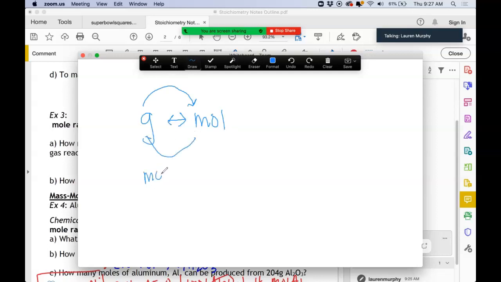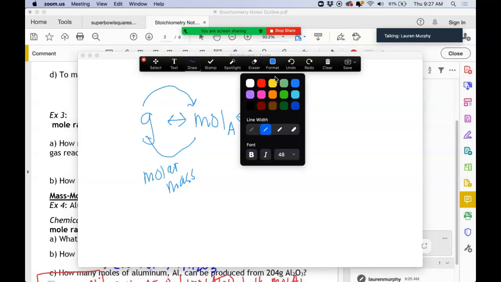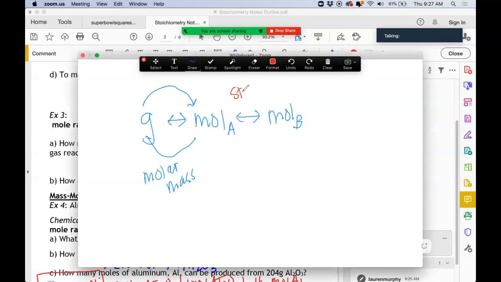This is from molar mass. Now, what we learned new today was how to go from moles of one substance to moles of some other substance, right? This is stoichiometry. This is the balanced reaction. Rxn is reaction.